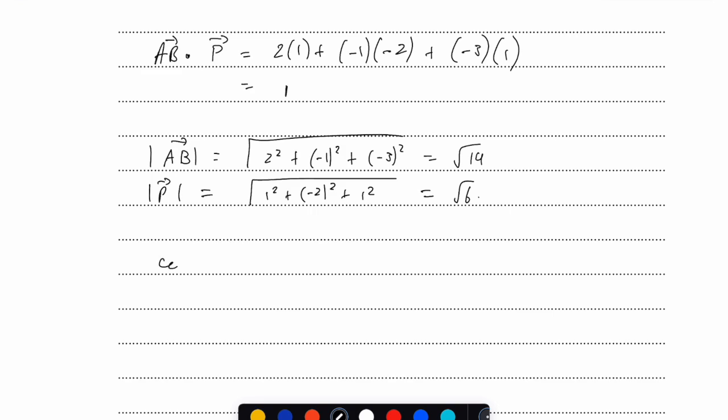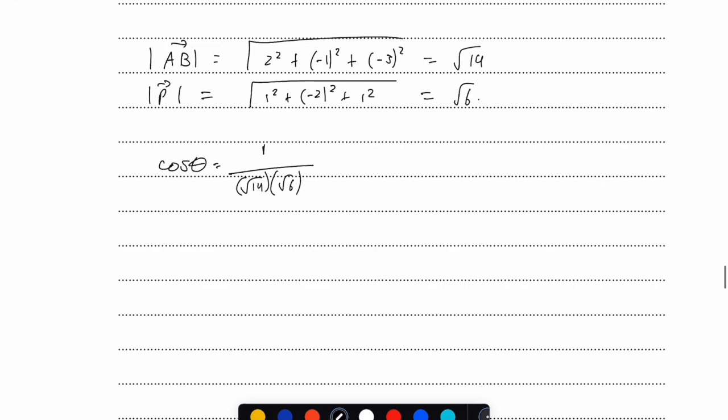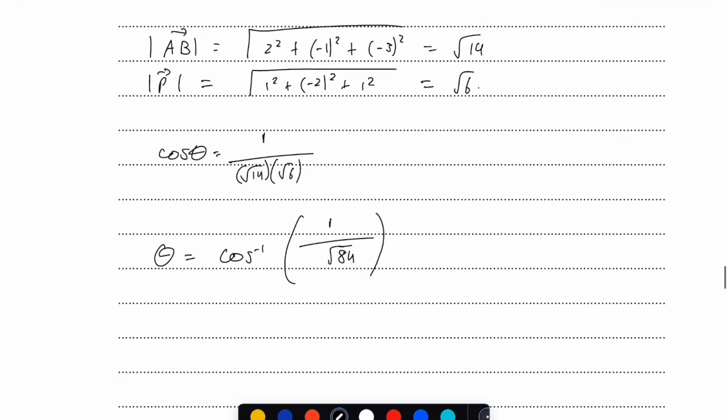And so cos theta is equal to 1 over root 14 root 6, which means theta is arccos of 1 over root 84, which means that theta is going to equal 83.7 degrees.